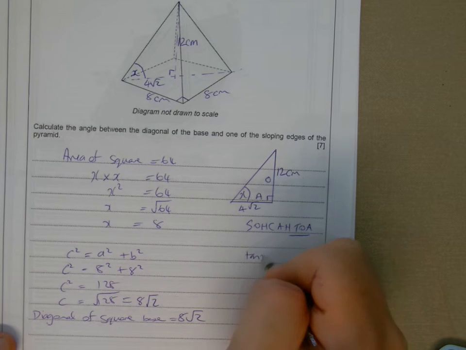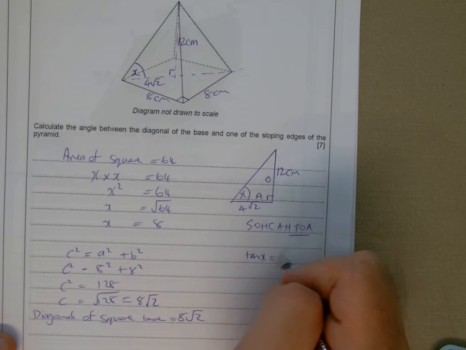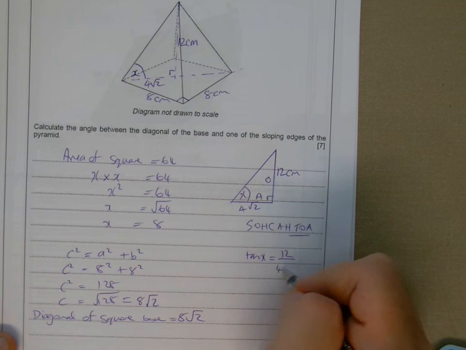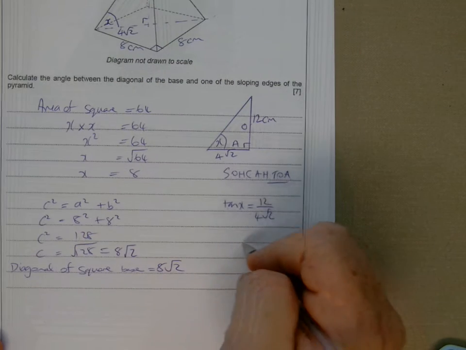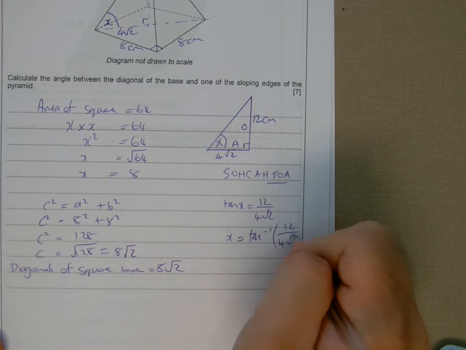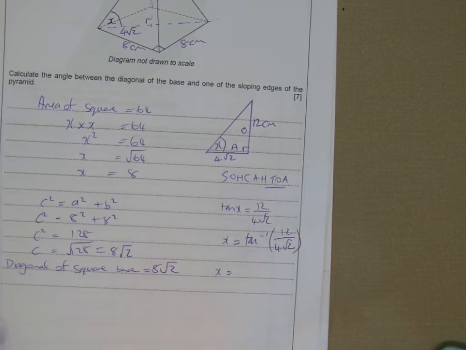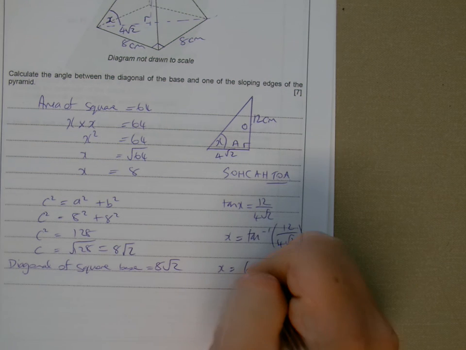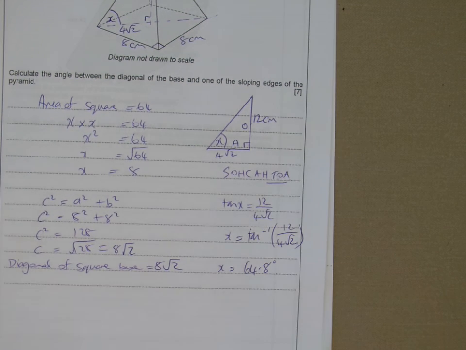So tan x equals O over A. O, which is 12, over A, which is 4 root 2. And to get x, I do tan to the minus 1 of this. That gives .8 degrees.